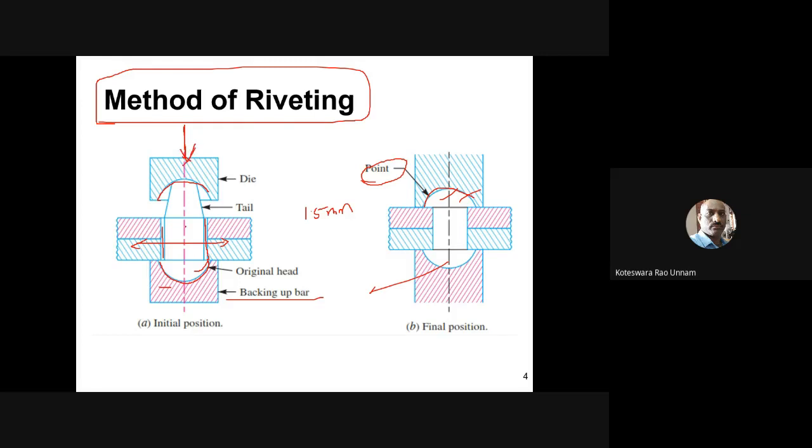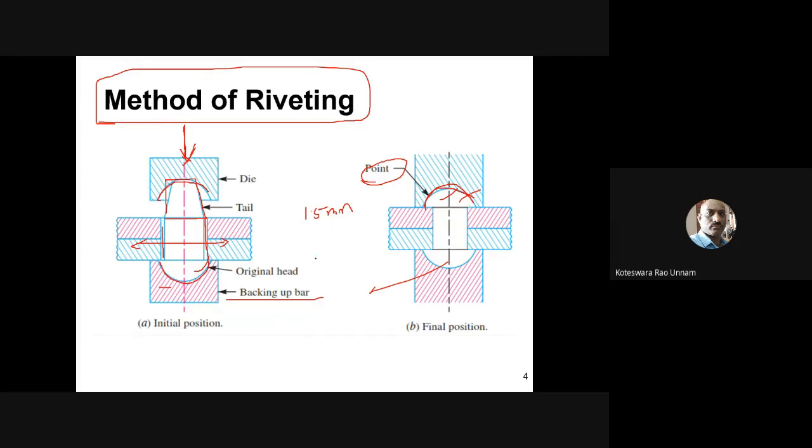Whether it is a cold working process or hot working process, this will gradually reduce the length of the rivet. That means it will reduce the tail portion of the rivet, such that it also becomes a hemispherical body. Through this process, riveting can be done.